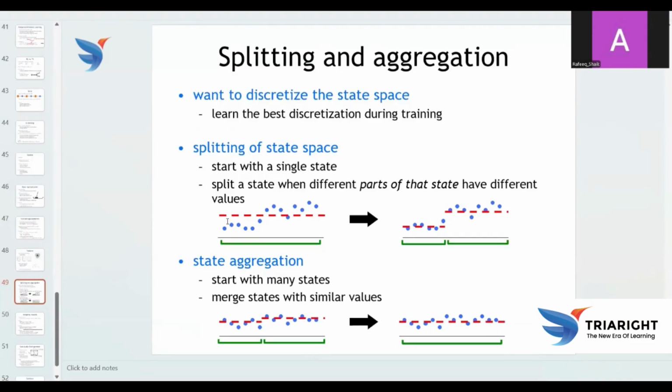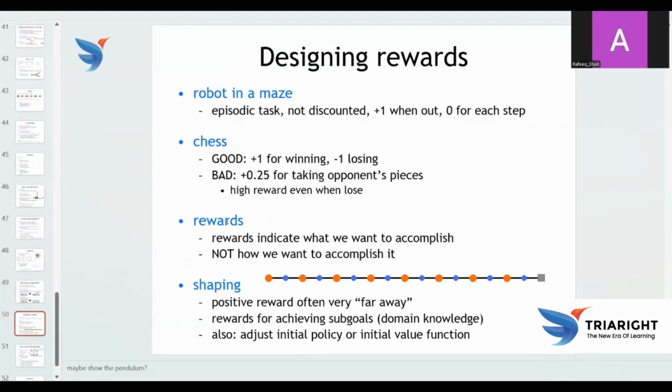The nearest values can be split and merged. Then designing the rewards, for a robot in math and chess, good or bad, like that. The reward system indicates what we want to accomplish and not how we want to accomplish it.